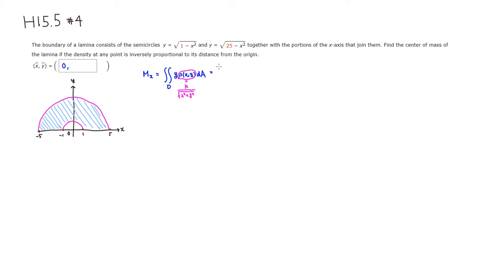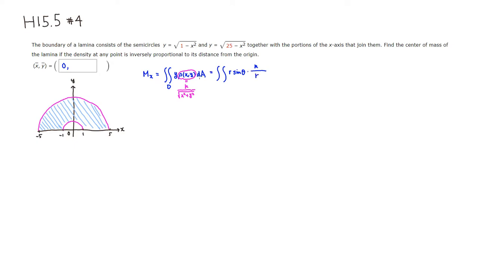So we have a double integral. y is going to be r sine theta. Then the density is k over the square root of x squared plus y squared, which is r squared with the square root, so just r.